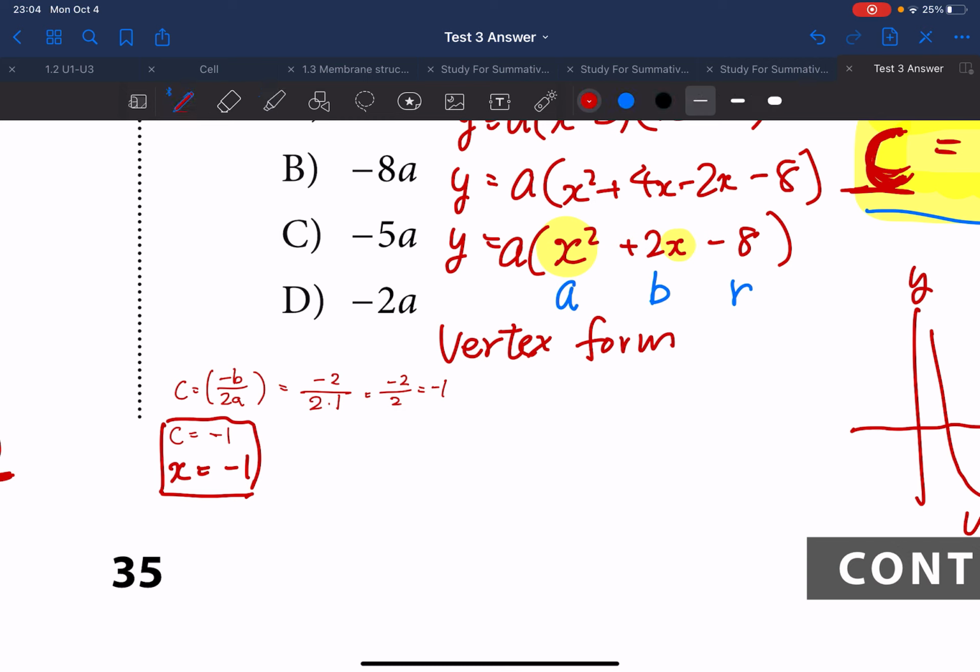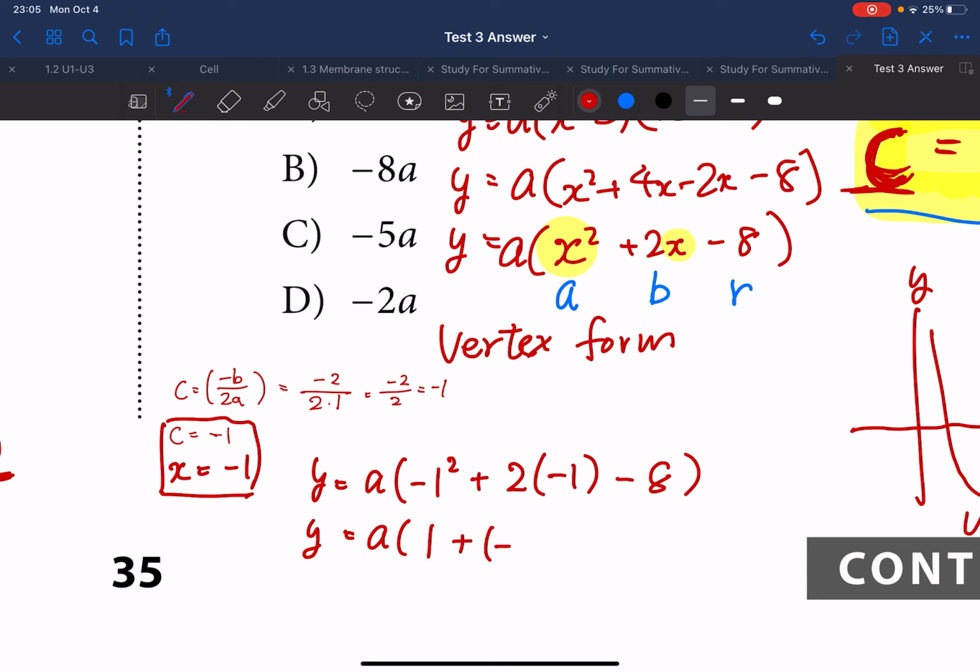So let's do that. So we have y equals a, and in parentheses we have (negative 1) squared plus 2 times negative 1, minus 8. And then we have negative 1 squared is 1 plus negative 2 minus 8.